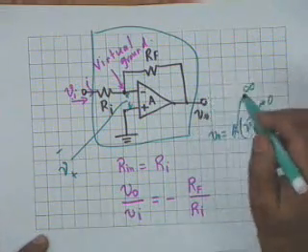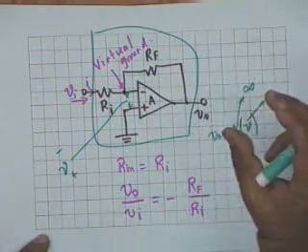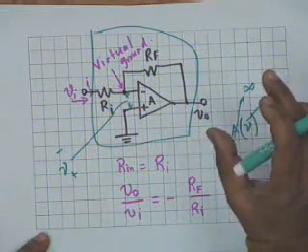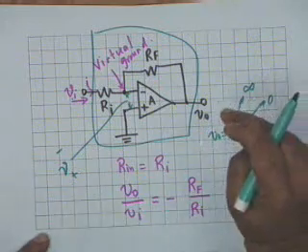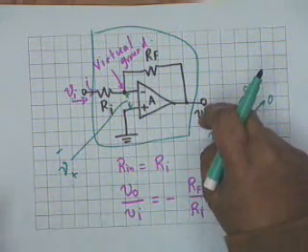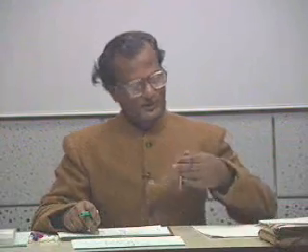But as I said, V0 in a practical op-amp cannot go to infinity. It is limited by the power supply. So if the power supply is plus minus 12 volt, V0 will saturate. It wants to go beyond plus 12 or minus 12, so it cannot go, it saturates at either plus 12 or minus 12.